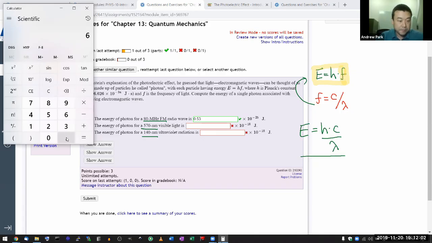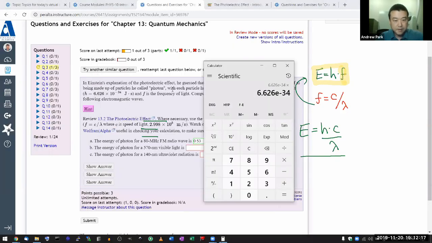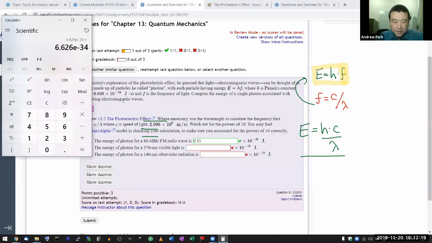So I have 6.626 times 10 to the power of minus 34, times the speed of light, which is under the hint. I don't actually need that 2.998. Let me just use 3, that's going to make things easier. 3 times 10 to the power of 8, divided by the 570 nano.